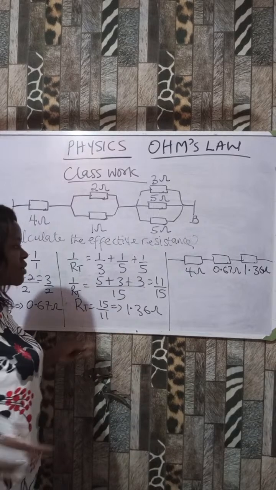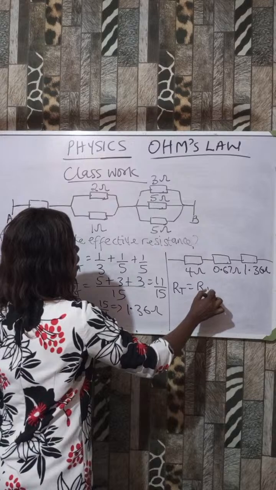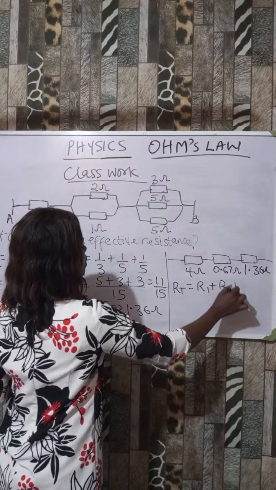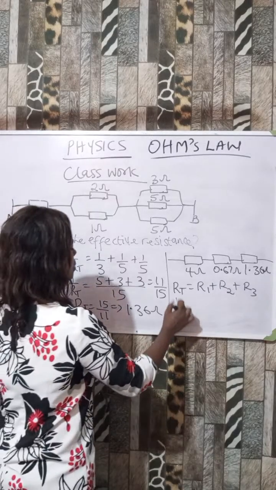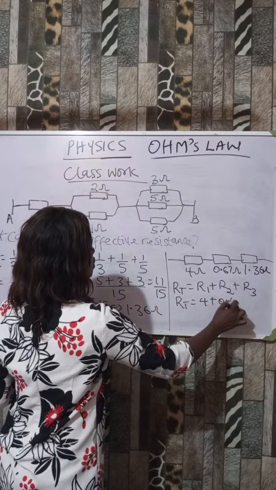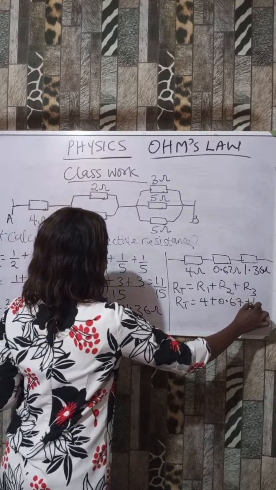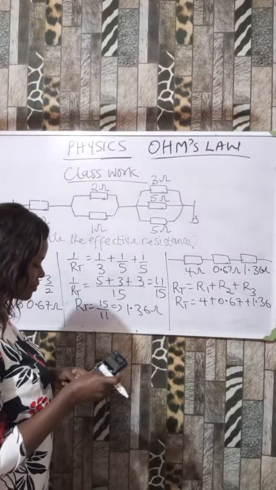So let's solve it now in series. R total is equal to R1 plus R2 plus R3. Now, R total is equal to 4 plus 0.67 plus 1.36. So let's work it out.